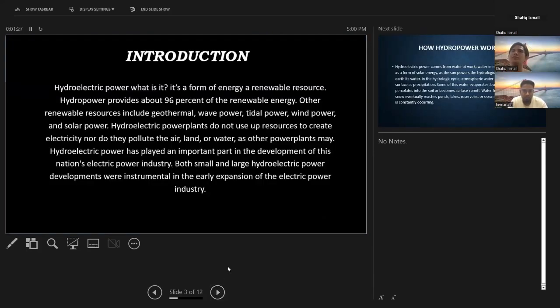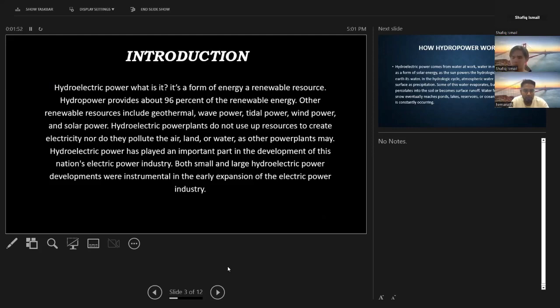So first of all, the introduction. Hydroelectric power, what is it? It's a form of energy, a renewable resource, and hydropower provides 96% of the renewable energy. Other renewable resources include wave power, tidal power, wind power, and solar power.